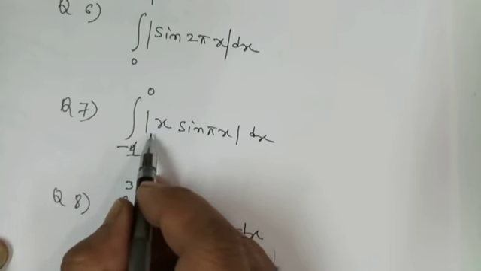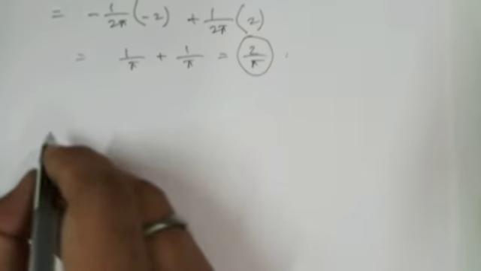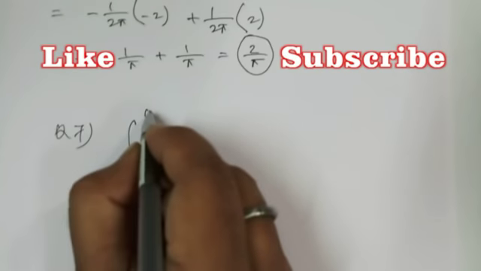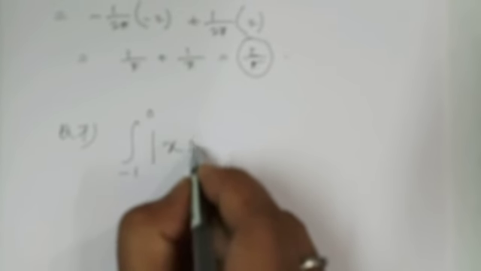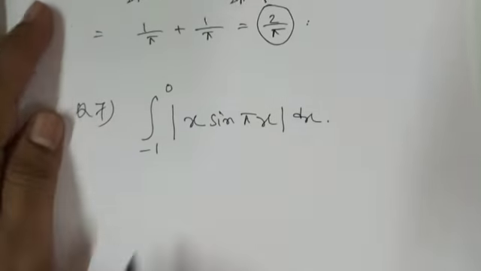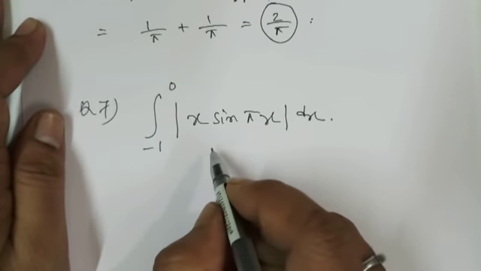Integral from -1 to 0 of modulus of x sin pi x dx. Question number 7 is integral -1 to 0 of mod of x sin pi x dx. Important sums, important problems.